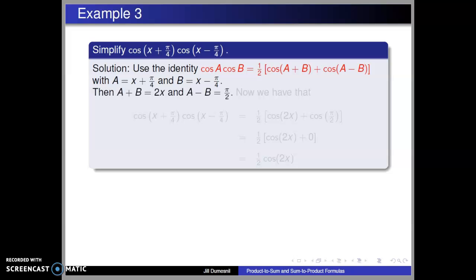Then A plus B equals 2x and A minus B equals pi over 2. Now we substitute into the formula. We get the product equivalent to the expression that we can now simplify. We know that cosine of pi over 2 is equal to 0. Therefore, our original expression simplifies to 1/2 cosine 2x.